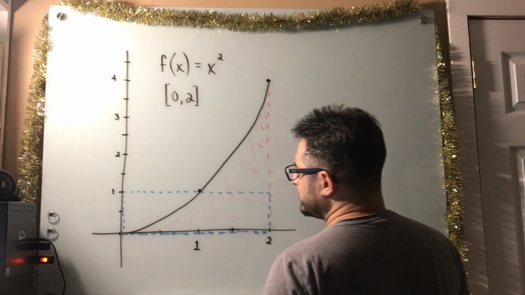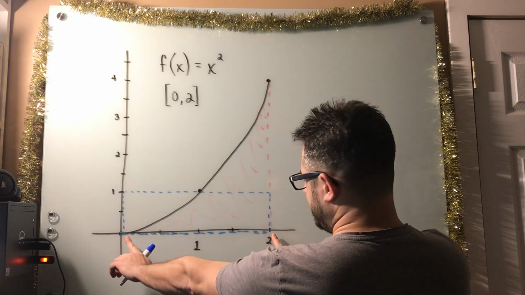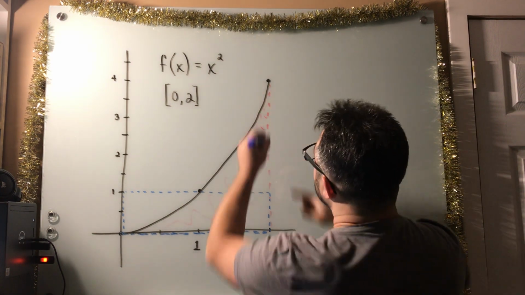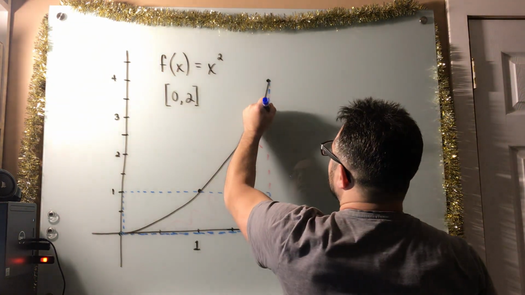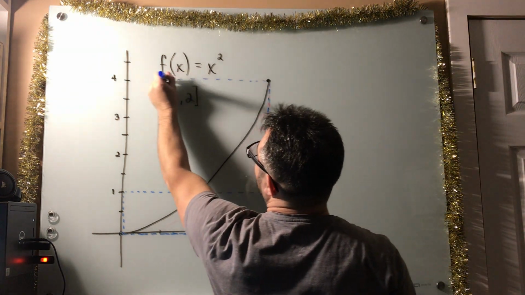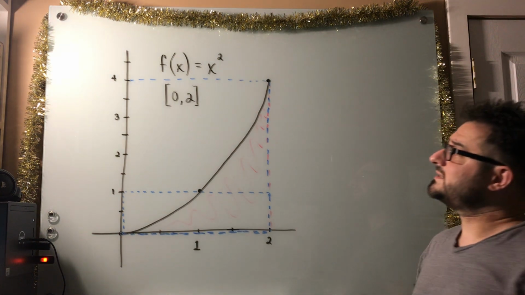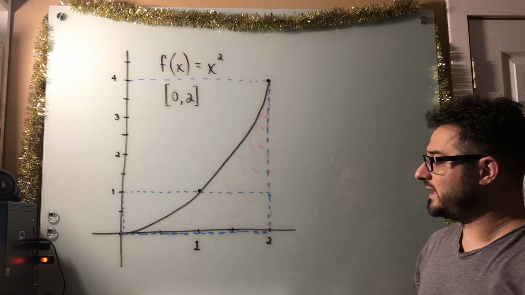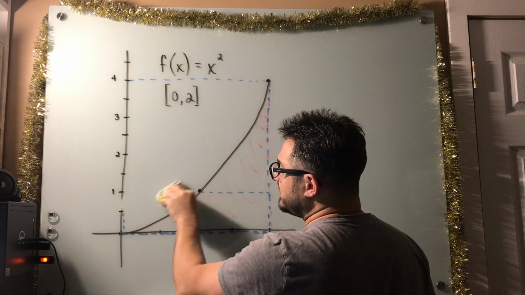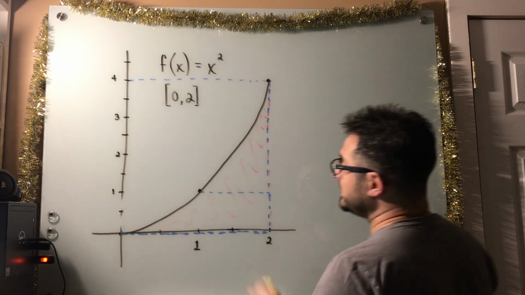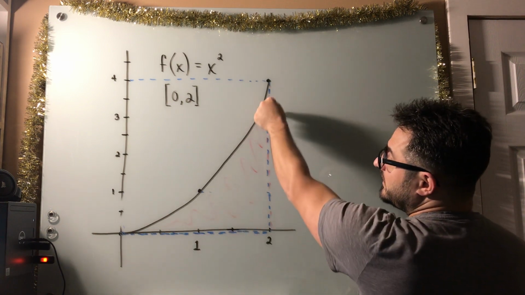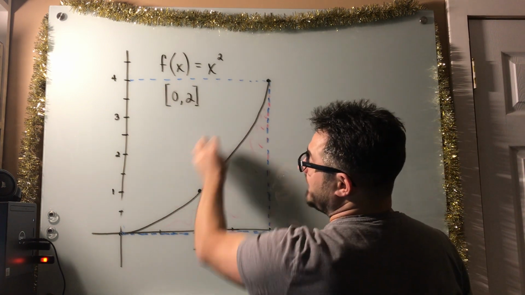The one we're actually going to use is the height at the right endpoint of the interval. If we base a rectangle off of that height, first of all, that is grossly overestimating the area of the region. It does certainly include the entirety of the region, but it also includes extra space.